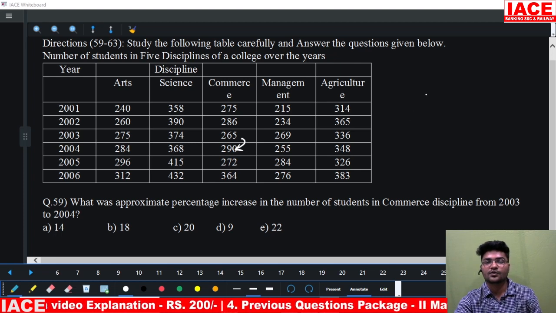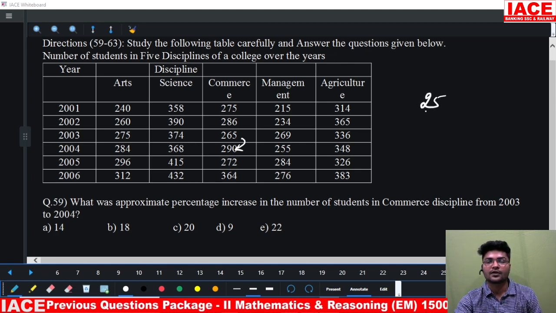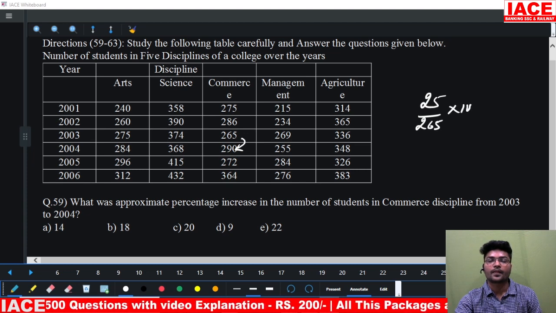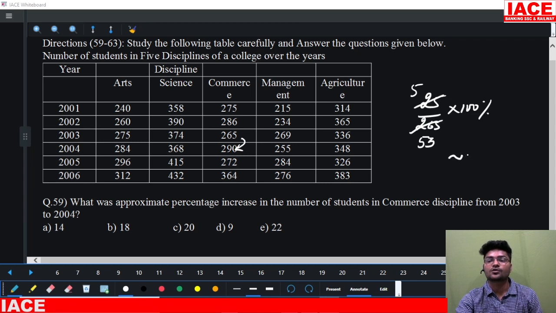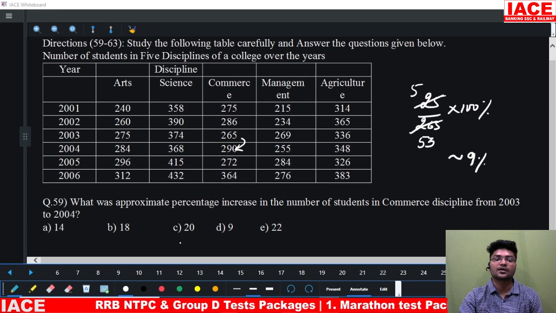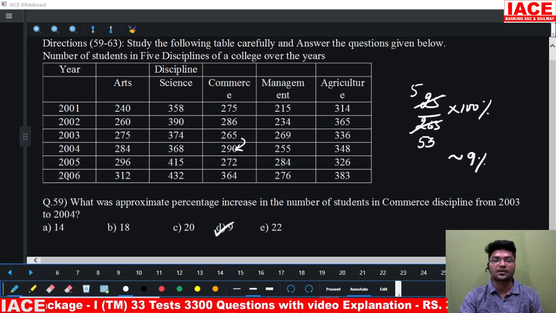So the increase is how much? 25 divided by 265 into 100 percent. This is 5 fives and this is 5 53s. So 500 by 53. 500 by 50 means closer to 10 percent, so approximately 9 percent. That is our option D. Option D is our correct answer.